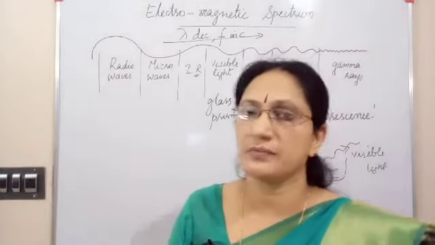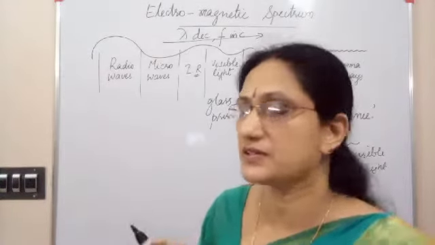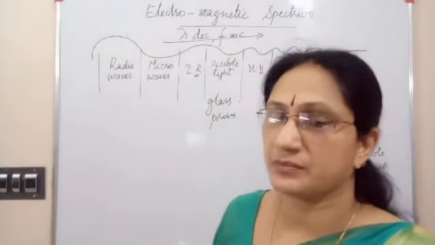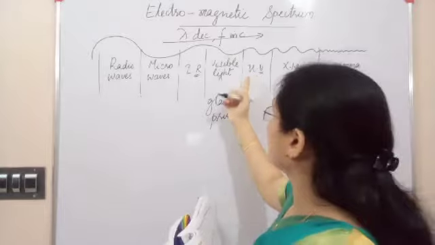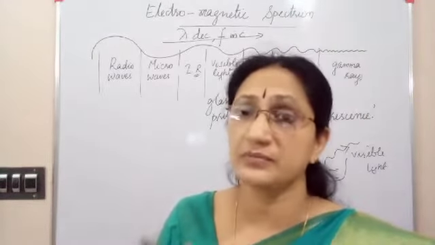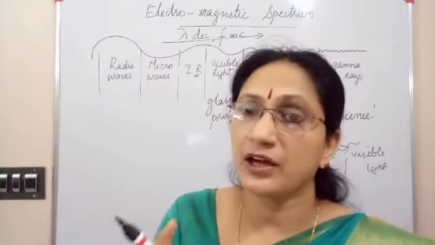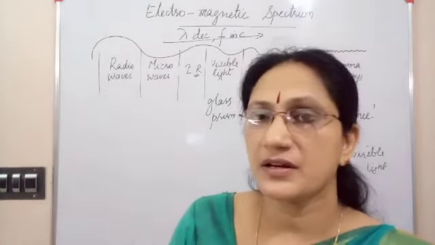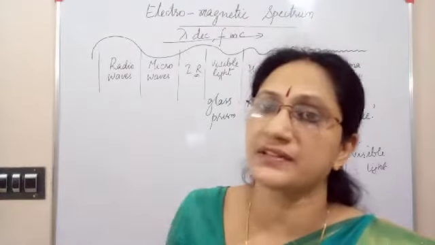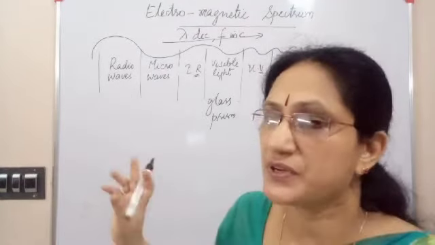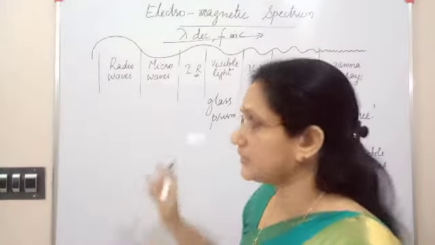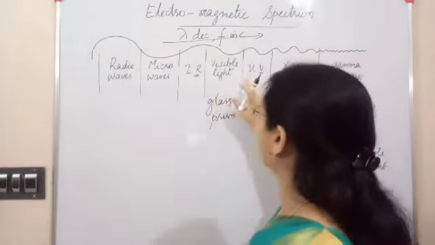This point is not mentioned properly in your book, so listen to it. For the study of visible light, we use a glass prism. But for the study of ultraviolet and infrared radiations, you cannot use a glass prism. The reason is glass will absorb these radiations. That means the radiations can't be transmitted through glass. So special types of prisms are used for the study of infrared and ultraviolet.